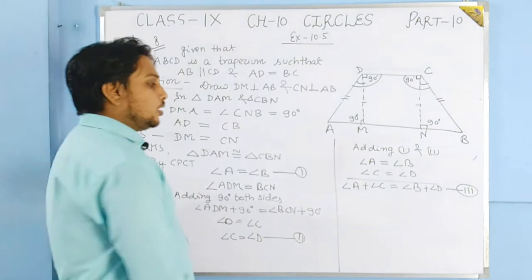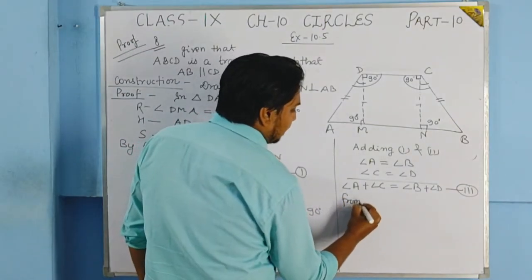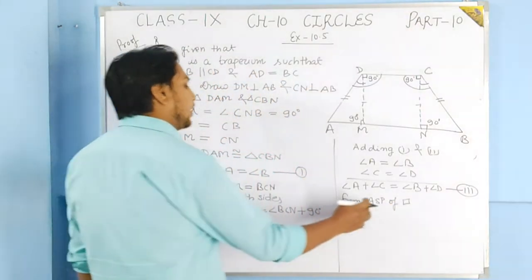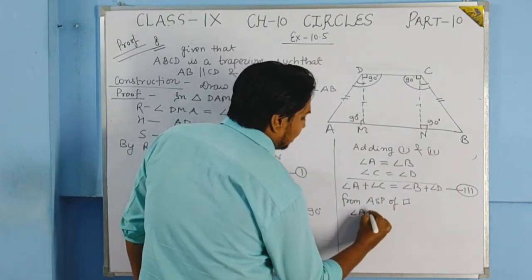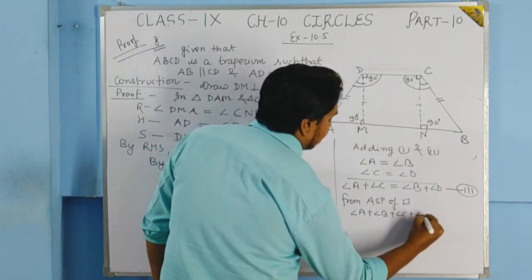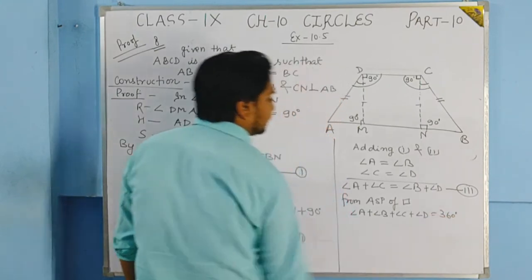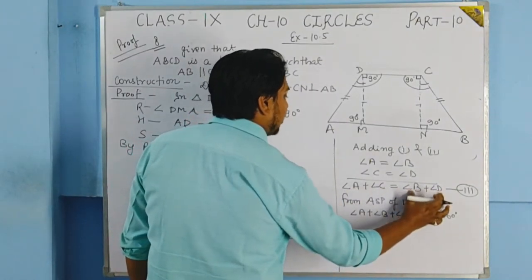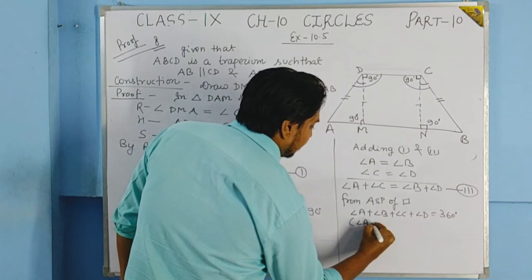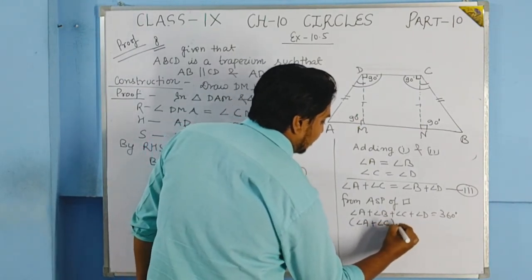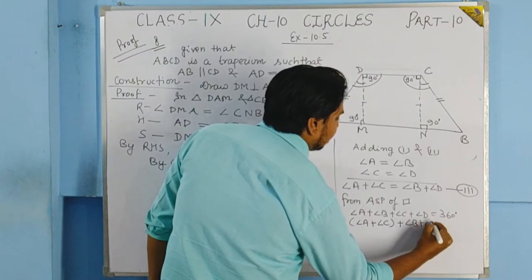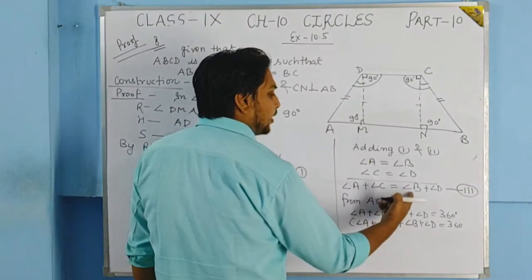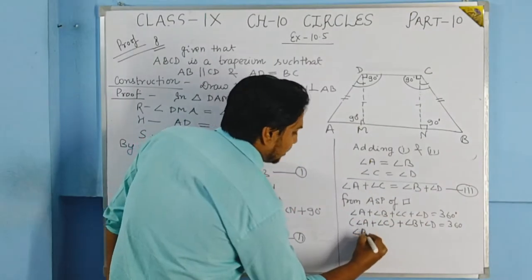Okay, now students, from the angle sum property of quadrilateral, we know that angle A plus angle B plus angle C plus angle D is equal to 360 degree. Okay, and here you are saying that angle A plus C is equal to angle B plus D, so at the place of angle A plus angle C, we can write angle B plus angle D, because they are equal to each other.